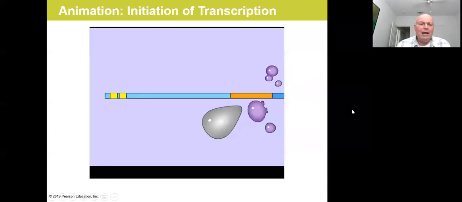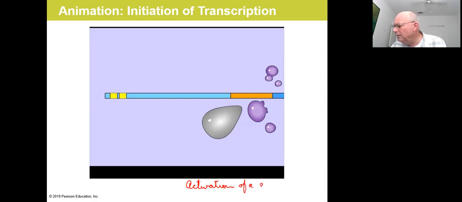So this animation walks you through the activation of a eukaryotic gene via the transcription factors and the activator proteins. Activation of a eukaryotic gene.